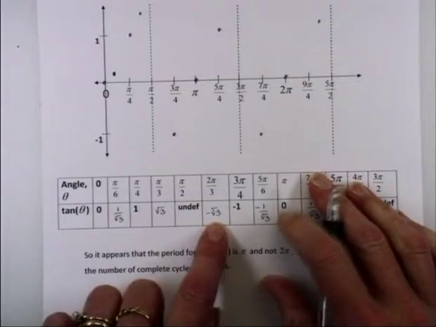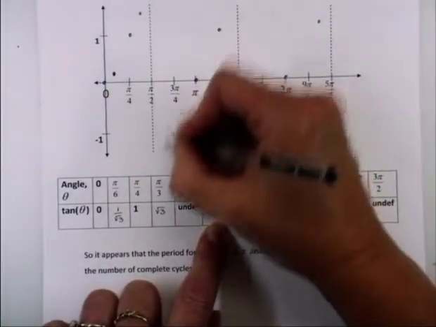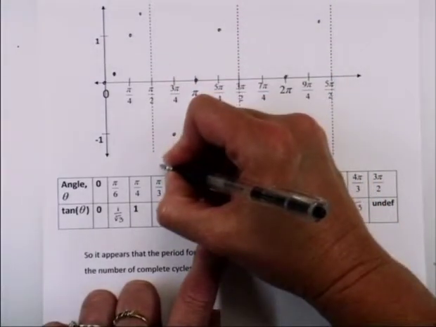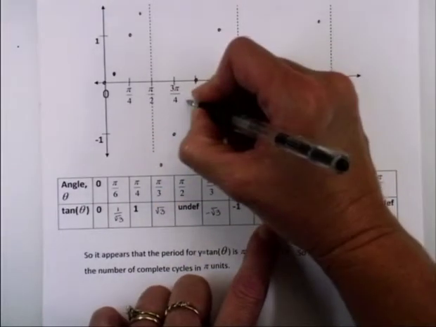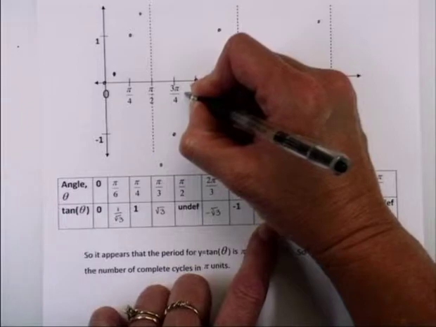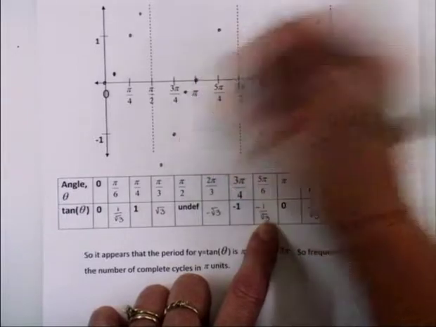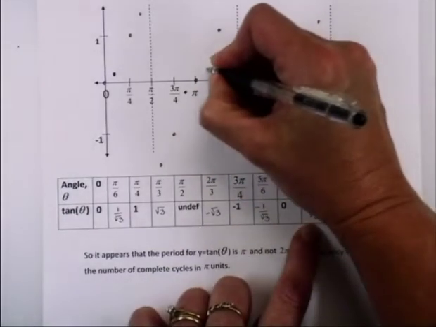Okay, as we continue to do that, now we've got negative, a little bit past 1 down here. Then we have negative 1 here again, going to be approximately here. 0, and continue the process.